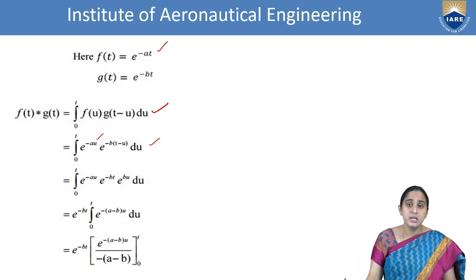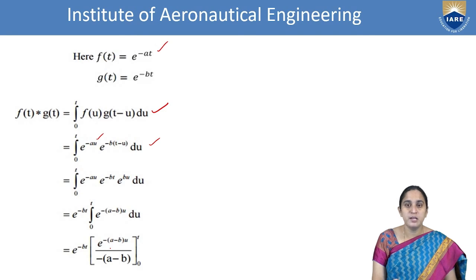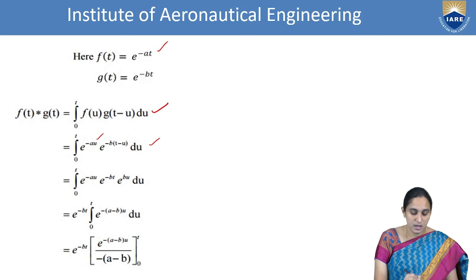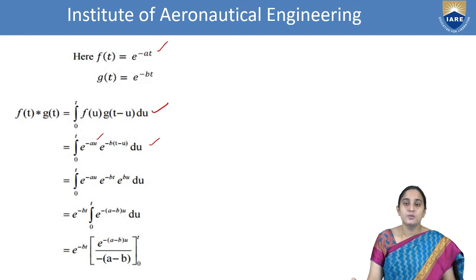Same as here, the integral of e power minus (a minus b) into u is e power minus (a minus b) into u divided by the u coefficient, minus (a minus b), with limits 0 to t.